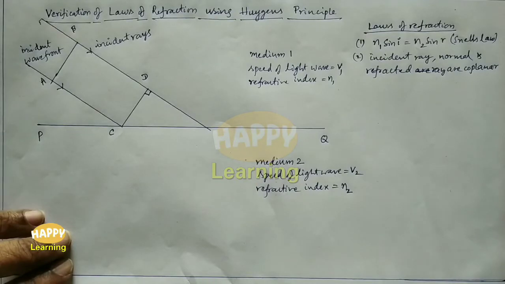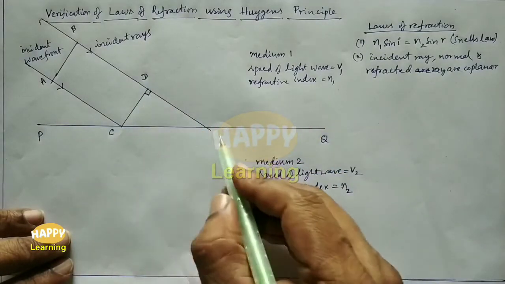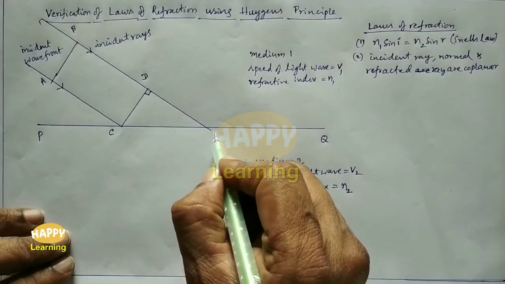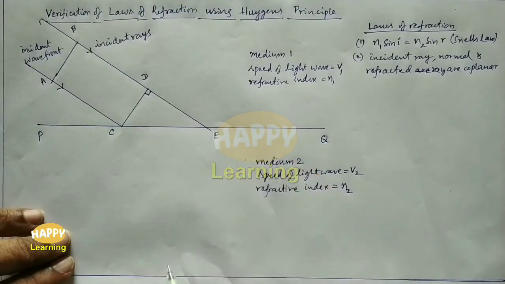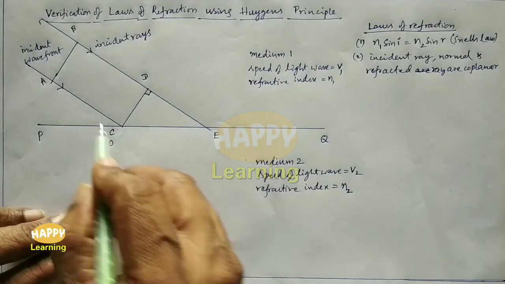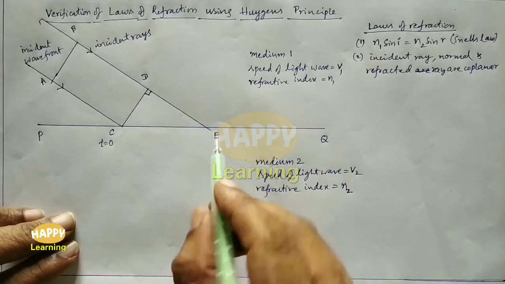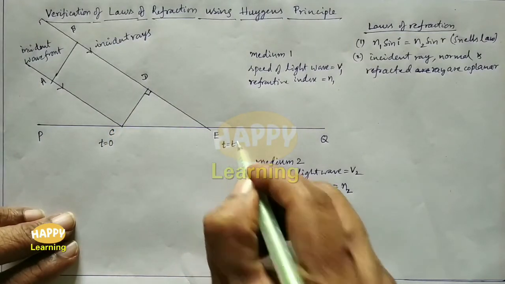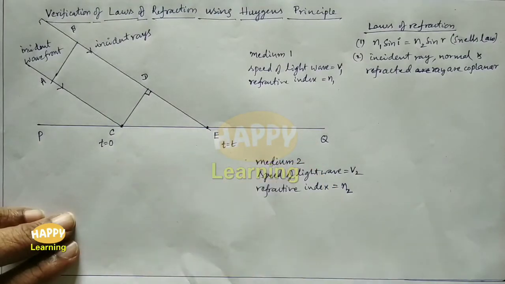Then as the speed is v1, let this point be E. Let us assume time t equal to 0 when this ray touches the point C and time equal to t when this ray touches the point E.